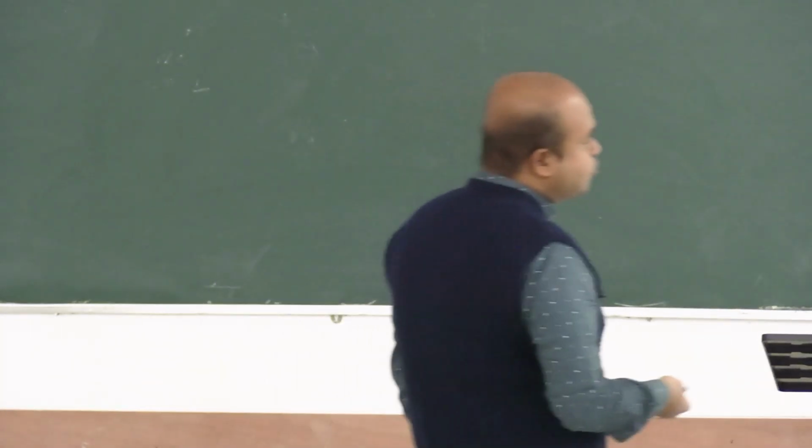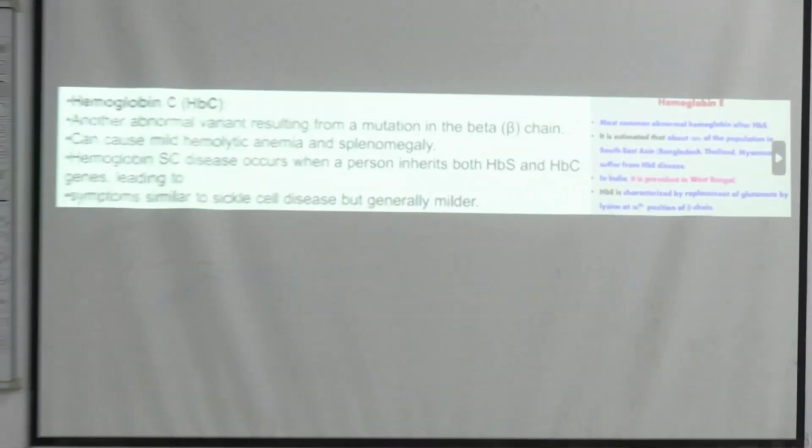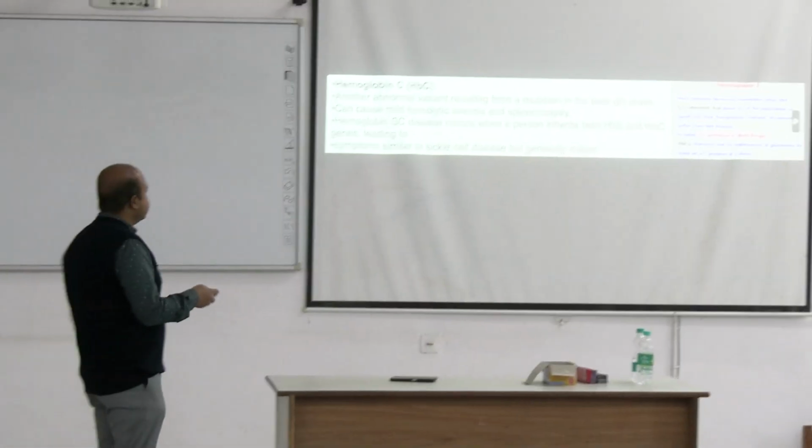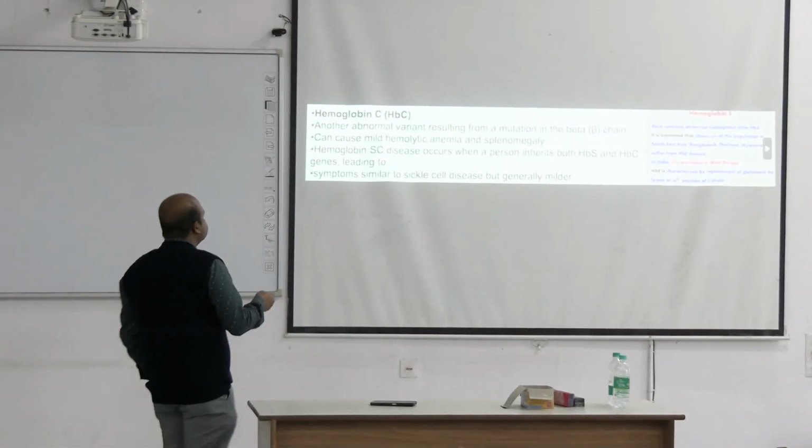Some later became obsolete because they were found to be the same as another. These are due to substitution of amino acids at some position on the beta globin chain.